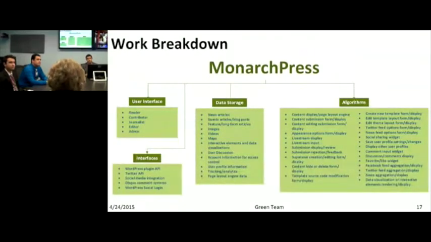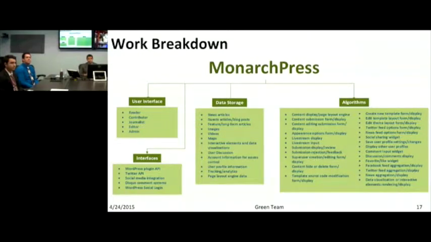And here is our work breakdown. So, we have user interfaces, our commercial off-the-shelf and legacy interfaces, and data storage. Then, we have a bunch of algorithms. For the user interfaces, we have readers, contributors, journalists, editors, and administrators.